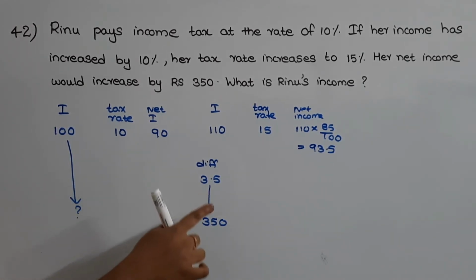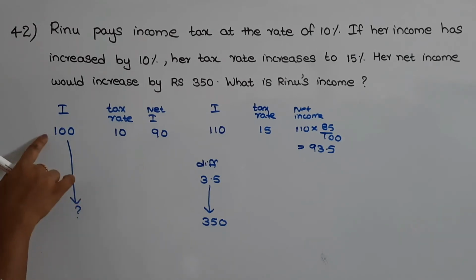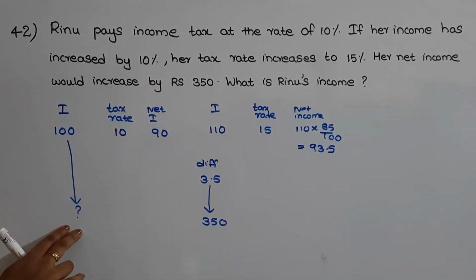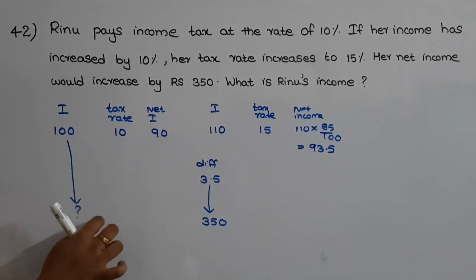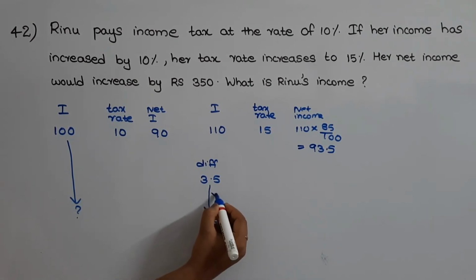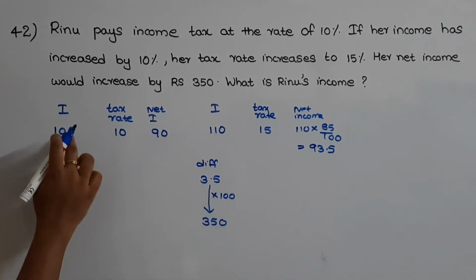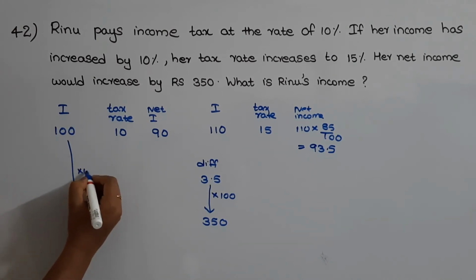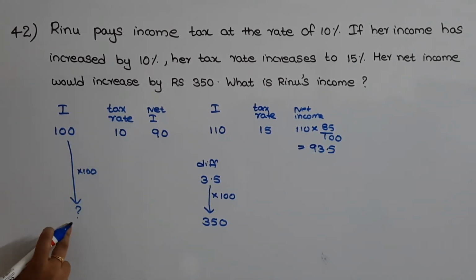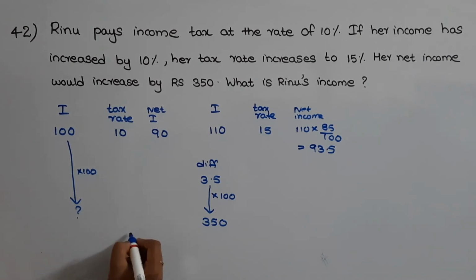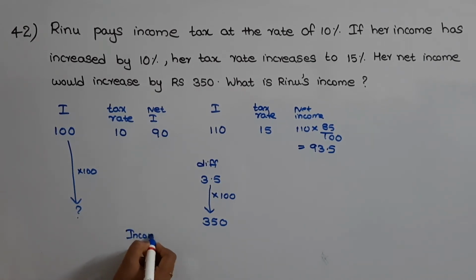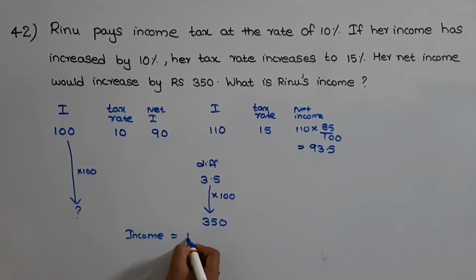If 3.5 can be written as 350, how can we write this 100? 3.5 into 100 gives you 350, so if you multiply this 100 by 100, you will get this value. So the income will be equal to 100 into 100, that is 10,000. Rupees 10,000 is Renu's income.